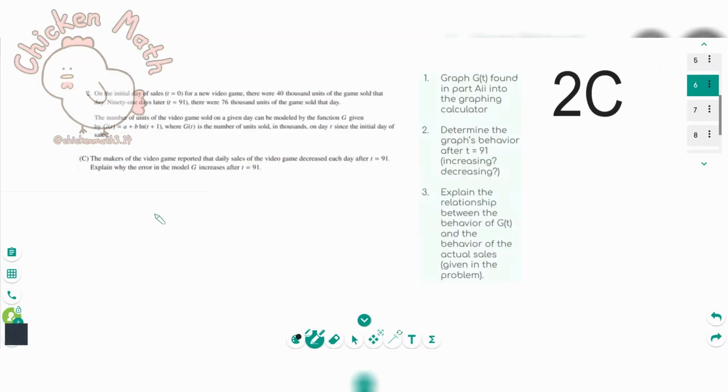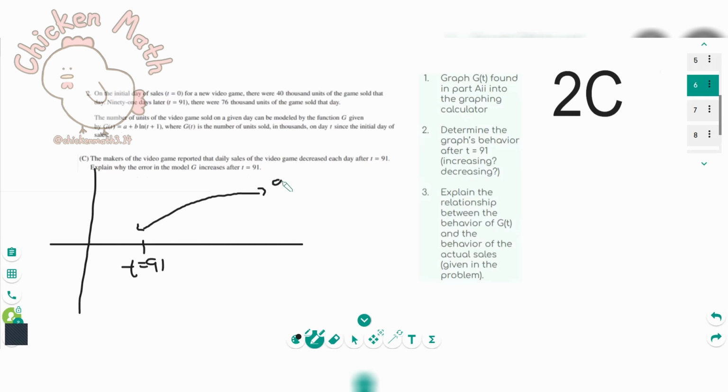Just to visualize it, if our G of t model is increasing like so, again, it's not very accurate, but we just need to see that it's increasing from t equals 91 and so on. And our actual behavior is that the sales are decreasing.